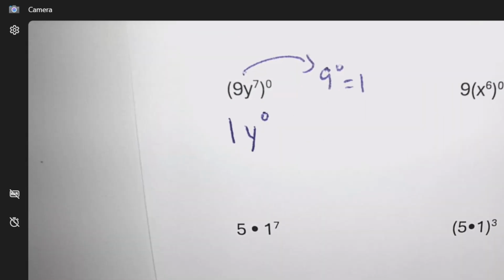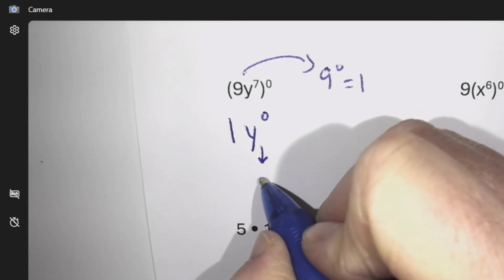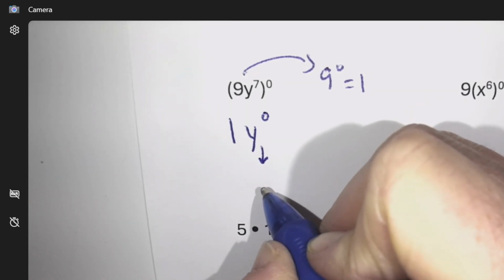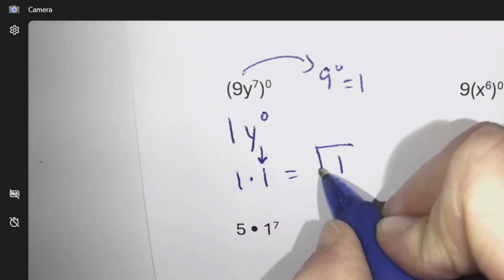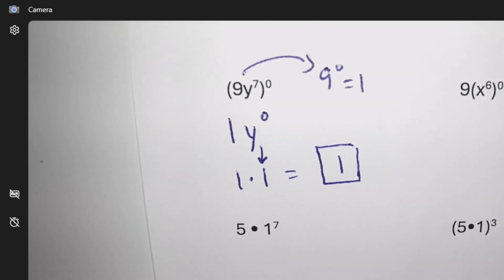So what is y to the 0? What's anything to the 0? 0. I mean 1. 1. Everything. Anything to an exponent 0, doesn't matter what you are, is a 1.